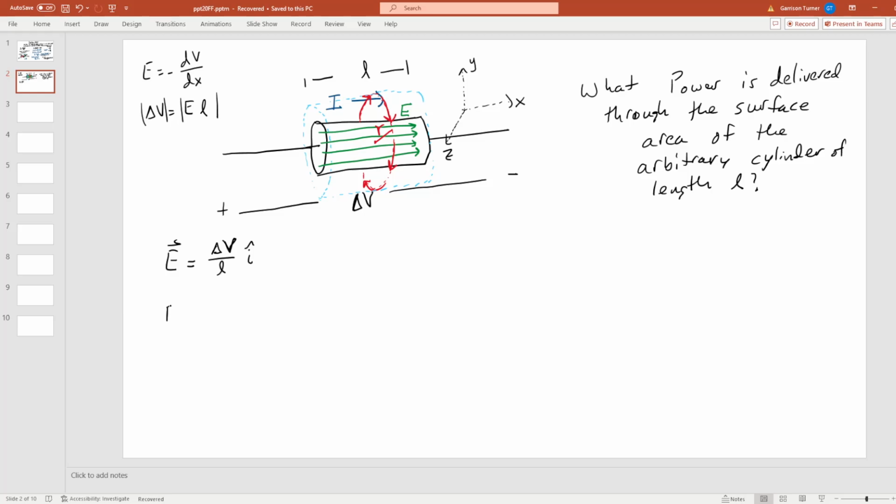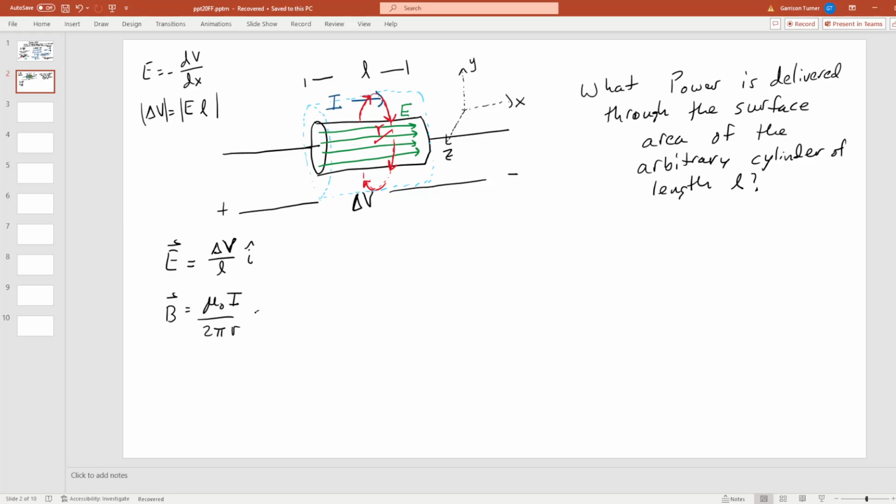My magnetic field, on the other hand, is given by mu naught I over 2 pi r. In cylindrical coordinates, you would get a unit vector here, the angular unit vector, because my magnetic field is cylindrical around the resistor.